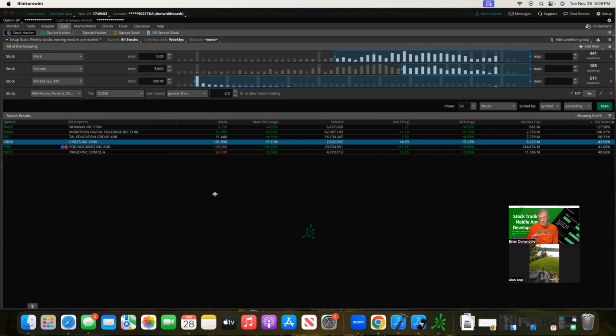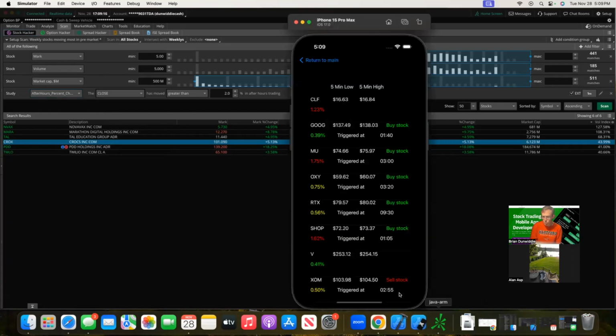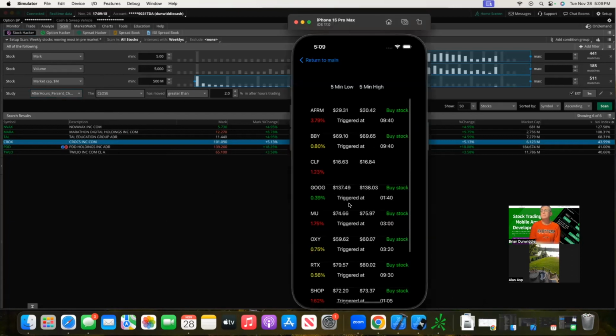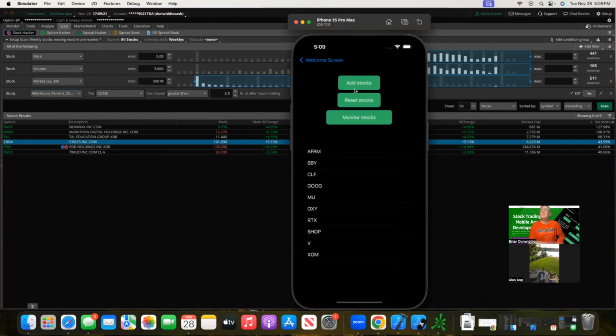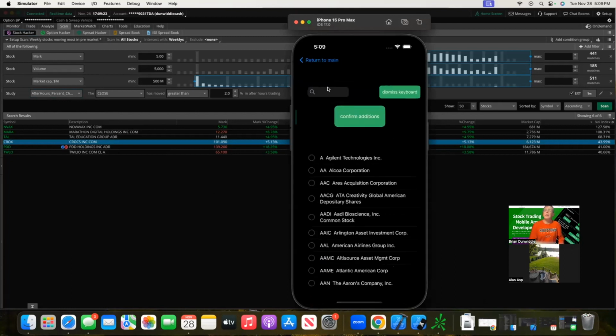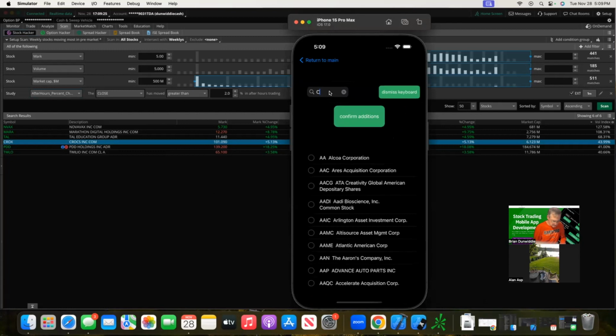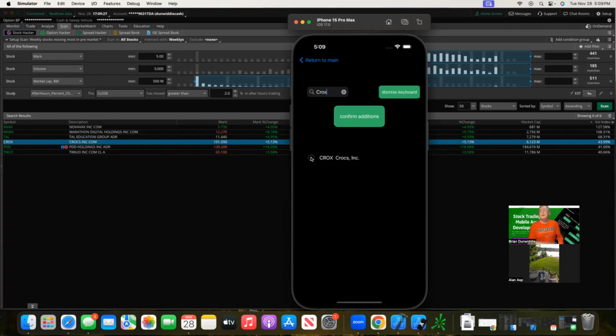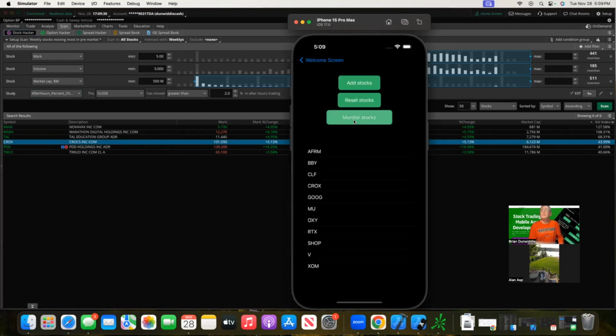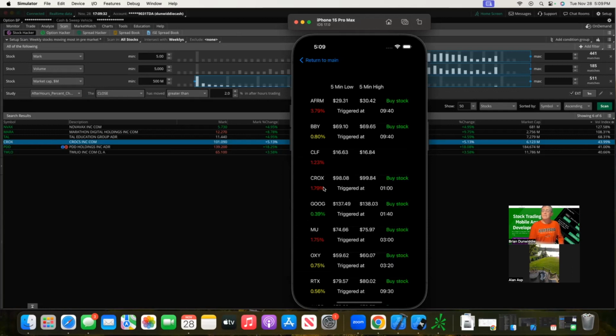As a day trader, you need a stock to move. I don't know if I mentioned Crocs or not, but I added Crocs to the list. Now, when I look at my list, Crocs is not on there. If I go look at Crocs, it's on my phone, it's just not on this one. If I look at Crocs, 1.79%.